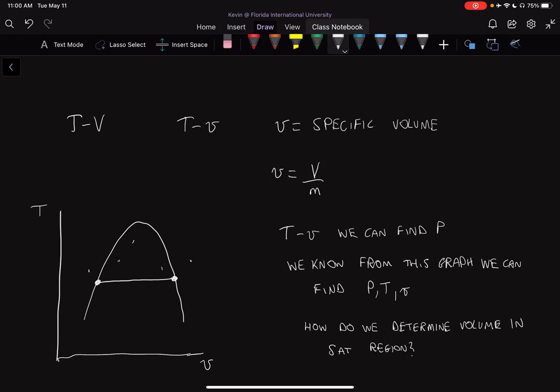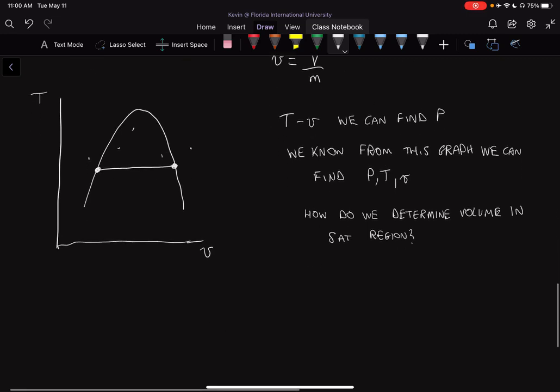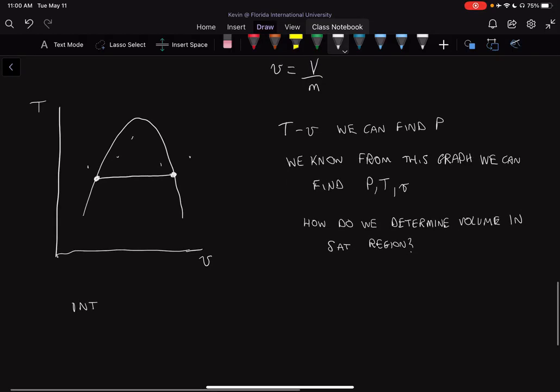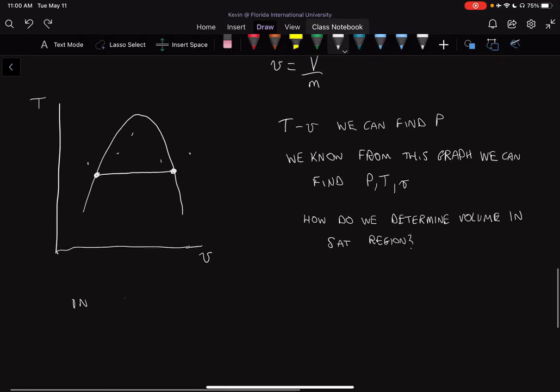So in the saturated region, we remember that we have, and I'll add the fully saturated mix region, a mix of liquid and gas.